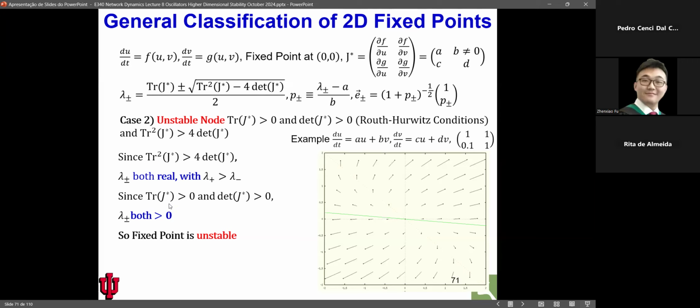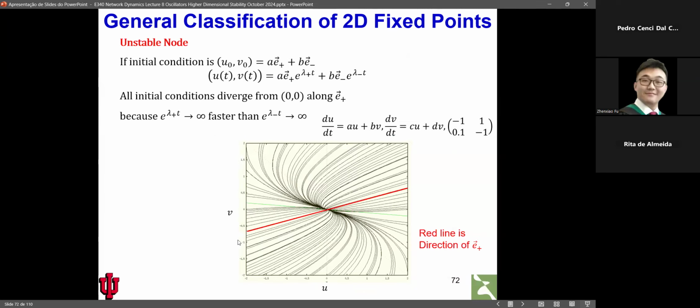If the lambda are larger than 0, the components of the initial perturbation associated with the directions of the first and the second eigenvalues are going to flee away from the fixed point. So the fixed point is really unstable. You see here that everything is going away from the fixed point. This is an unstable node.